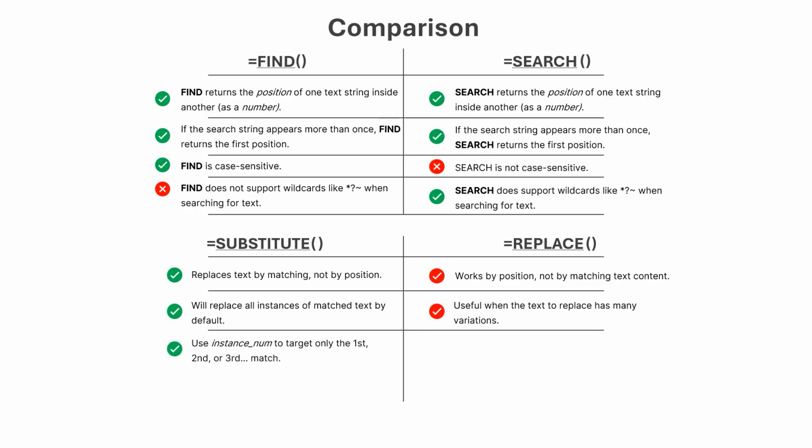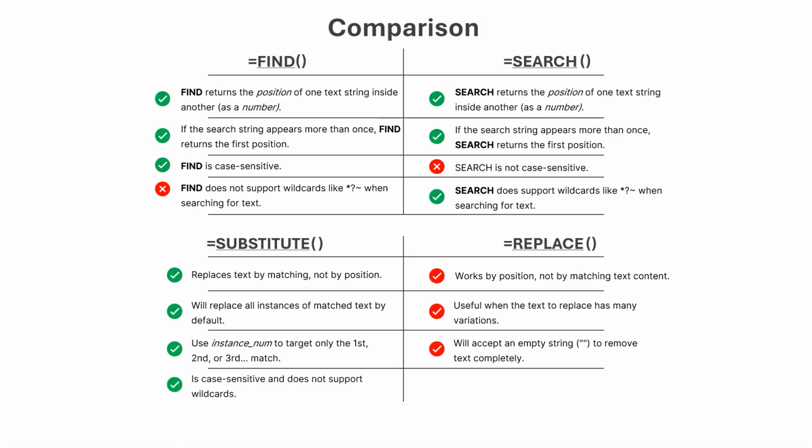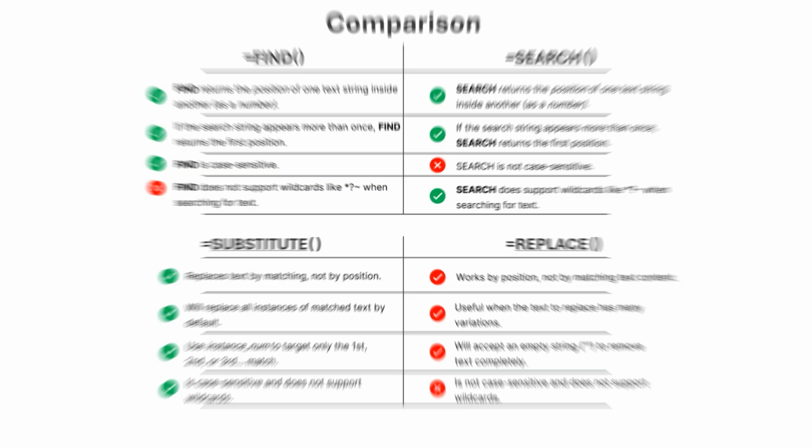Substitute has instance number argument to target only first, second or third instance of matching text, while replace will accept an empty string to remove the text completely. Finally, substitute is case sensitive while replace is not, and both functions do not support wildcards. Finally, we are done with all the basics. Let's jump back to Excel and see some examples.